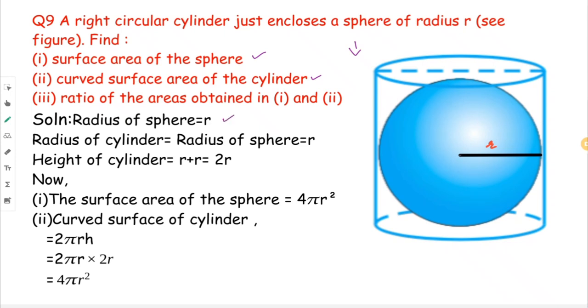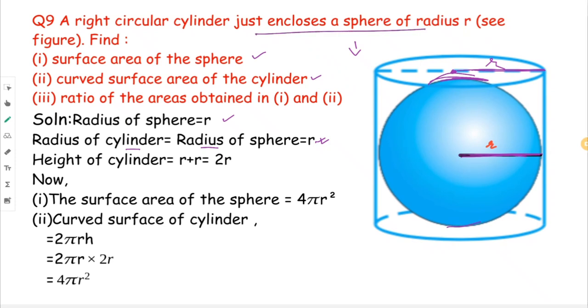That means from here till here. And then of course you will notice that even the radius of the cylinder is equal to the radius of the sphere, because remember, the radius of the cylinder will be from here till here, which will be the same as the radius of the sphere. Clear? So they are both the same, r and r. Now the height of the cylinder: the sphere is just touching the top and also the bottom, it just encloses.